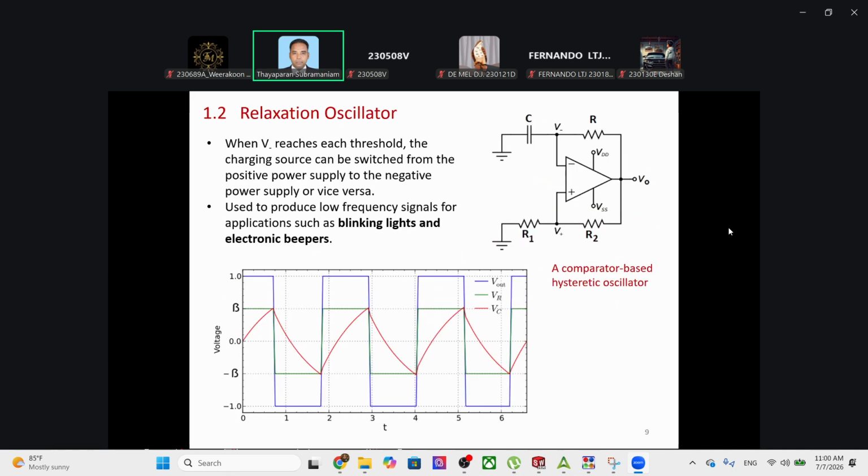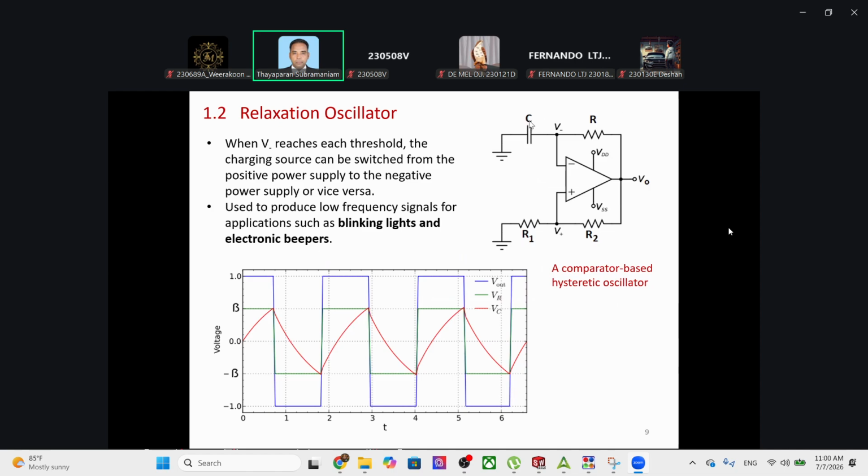Here in the relaxation oscillator, what are the assumptions that we take? Same assumption: I plus and I minus equal to 0 compared to the path. The product of RC actually matters, so R can be higher.